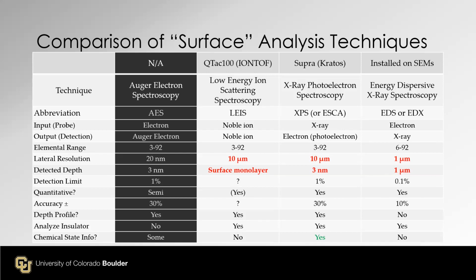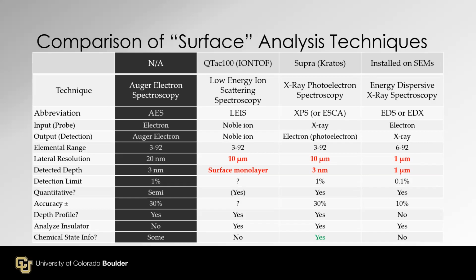So electron beam in, primary electron beam in, and output, what we want to detect is Auger electron. Elemental range is pretty good, lithium to heavier elements. The lateral resolution, depth resolution, maybe, lateral. No, this must be the XY resolution, can be as small as 20 nanometers. Okay, that's pretty small.